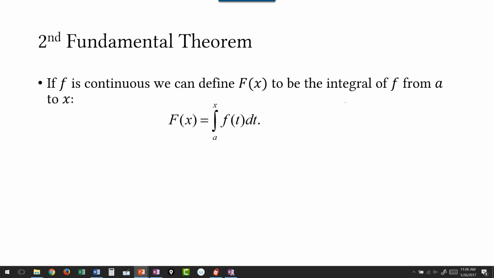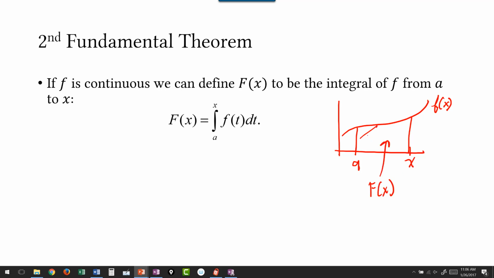So what we are saying is, if we have some function f of x and it's continuous, then a perfectly legitimate function would be to define capital F as the area under little f from some point a to x.